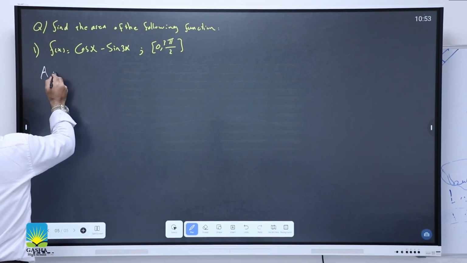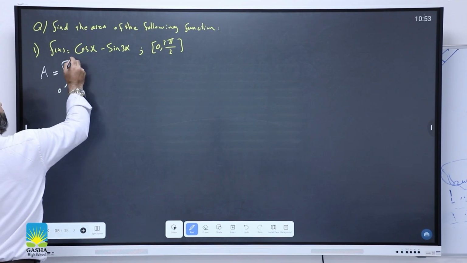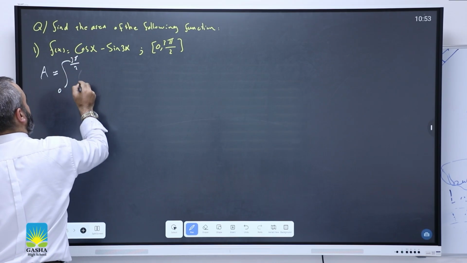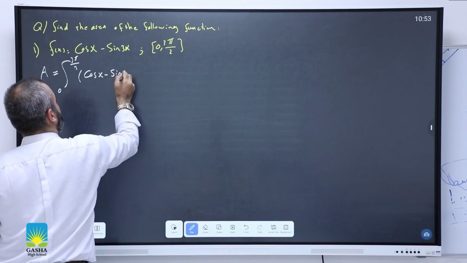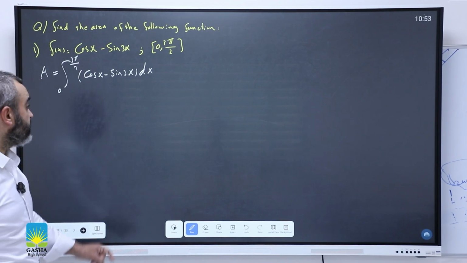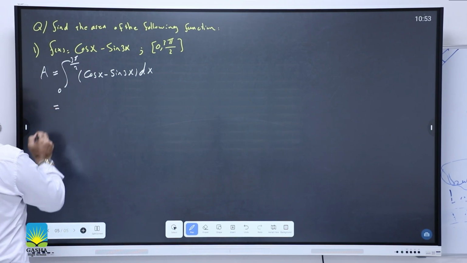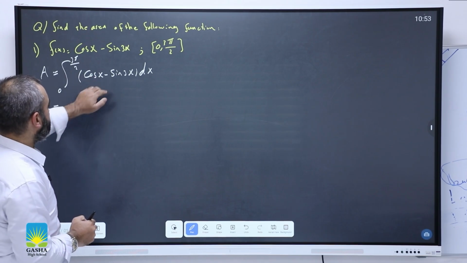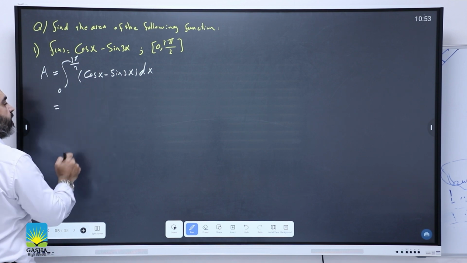A equal to integral from 0 to 3 pi over 2, right? And we write the function cosine x minus sine 3x dx. The result of the area must be positive. So we have the formula to calculate the integral of cosine x and sine 3x.